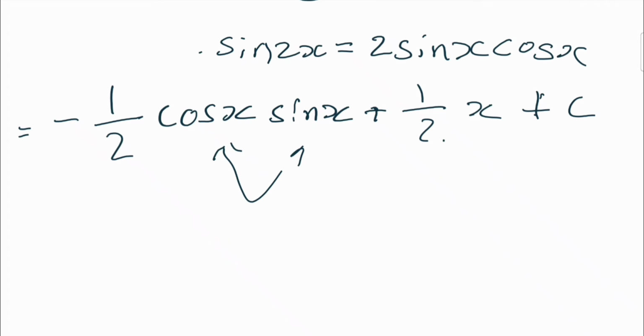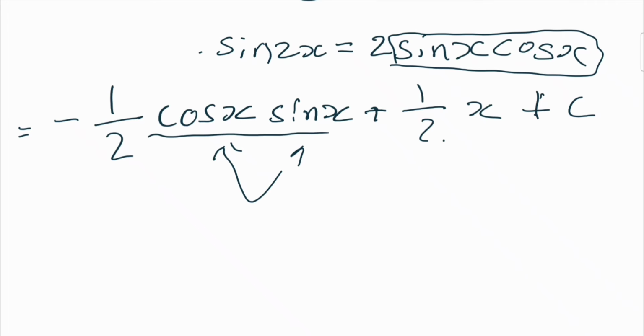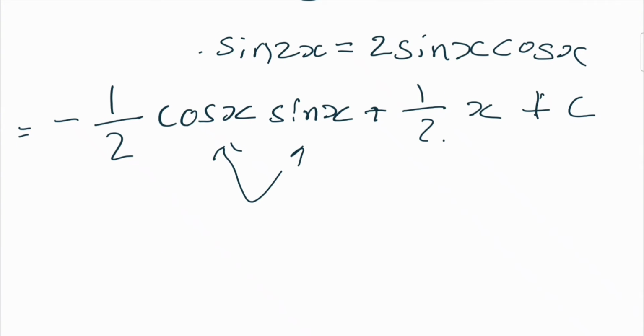So you may see that we have a sine x cosine x here and a cosine x sine x over here. So they're actually the exact same things. So if we can just isolate the sine x cosine x in this here, which will just involve getting rid of the 2, we can put that in here.